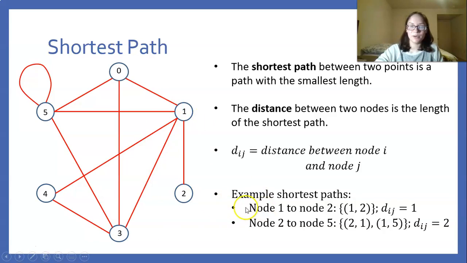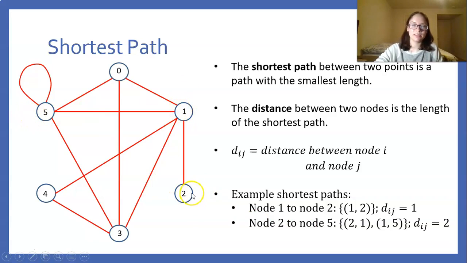Okay, so node 1 to node 2, the shortest path is very simple. We're just taking one edge, from node 1 to node 2. So that means the distance between these 2 nodes is 1. Then we'll look at a different example: node 2 to node 5. The shortest path is we go from node 2 to 1, and then we take edge 1 to 5.